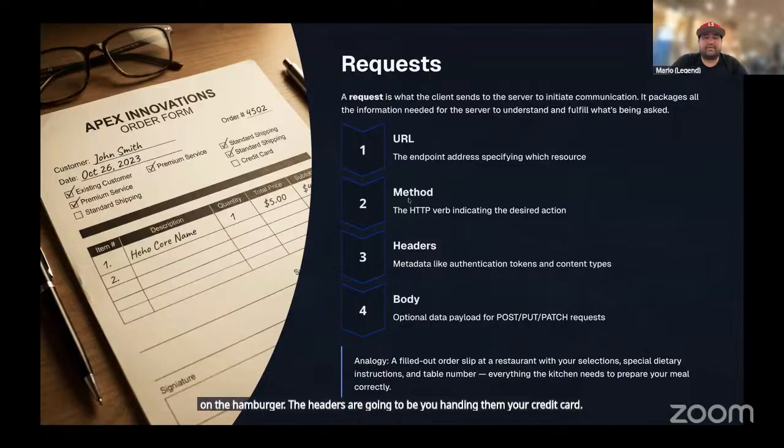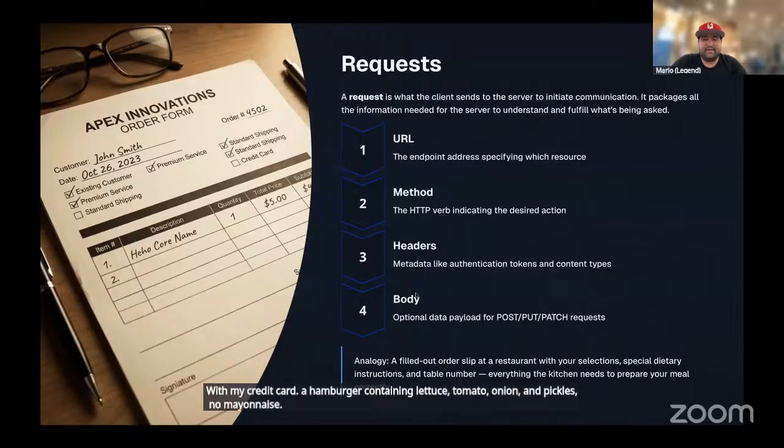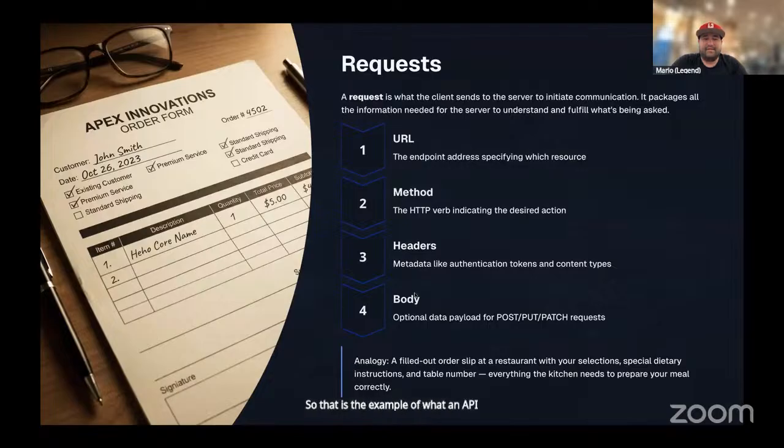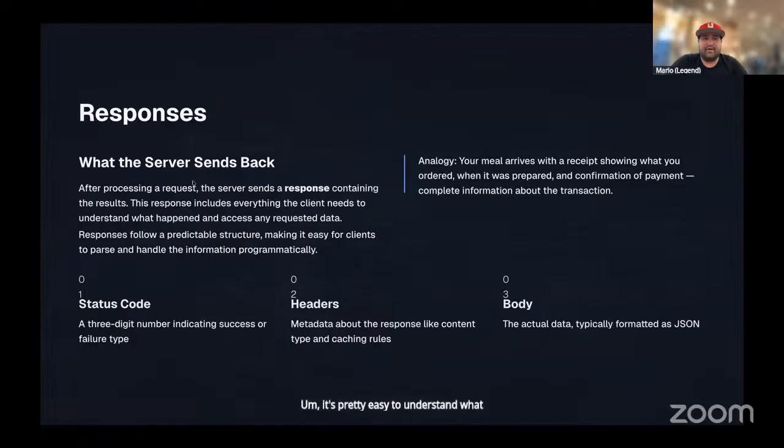The method is going to be saying, excuse me, server, being the URL, I'd like to order, new method, with my credit card, a hamburger containing lettuce, tomato, onion, and pickles, no mayonnaise. So that is the example of what an API is. It's pretty easy to understand what APIs are.